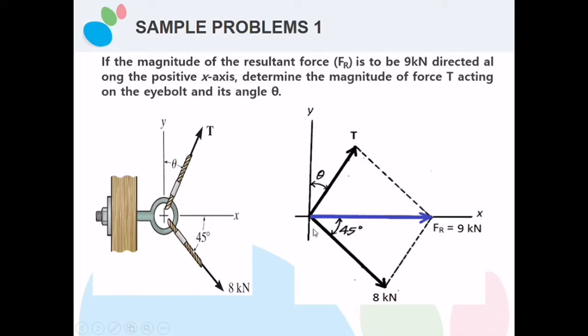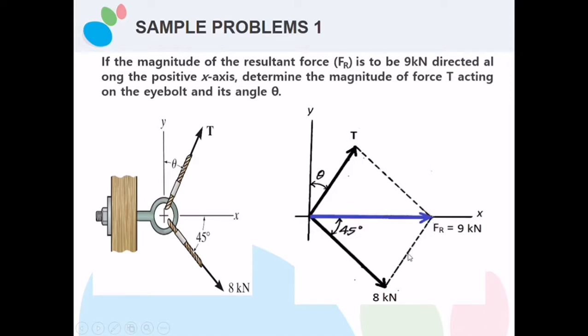So the resultant force goes in this direction, toward the positive x-axis. As you can observe, let us apply the parallelogram law. We have two forces, the force T and the force 8 kilonewton. So let us connect them.